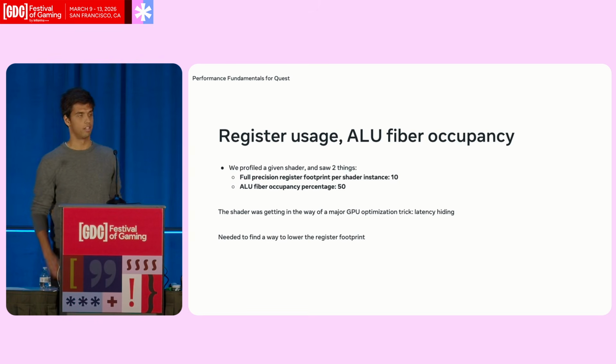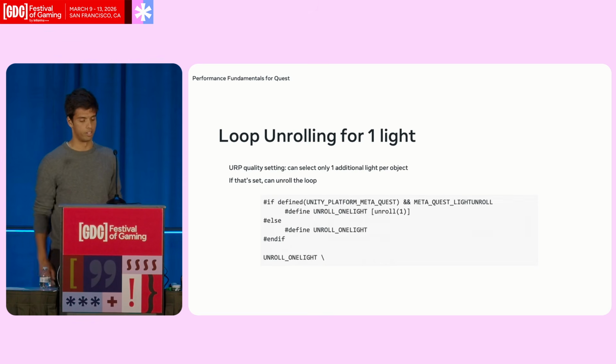And now we're going to find how we in Unity use that metric to make a pretty substantial one final win. So there's this Europe equality setting that allows the developer to only select one additional light per object. And we basically found that if that was set, we could prevent full loop unrolling and only essentially do partial loop unrolling.